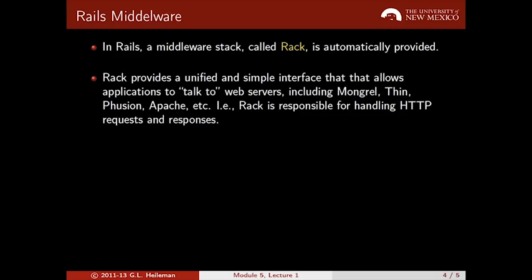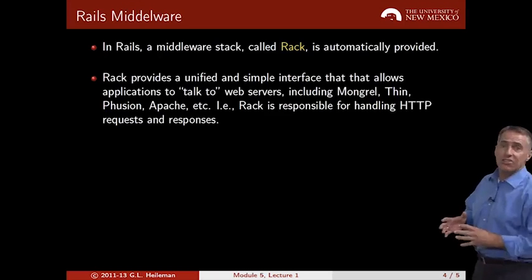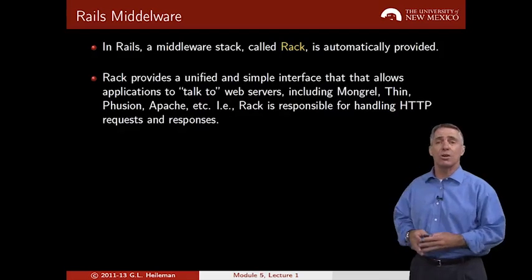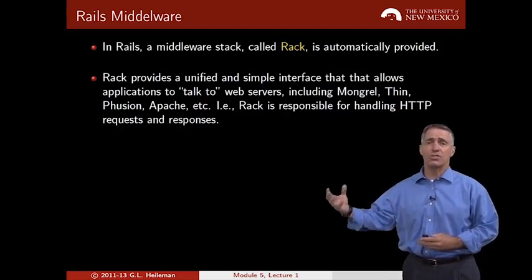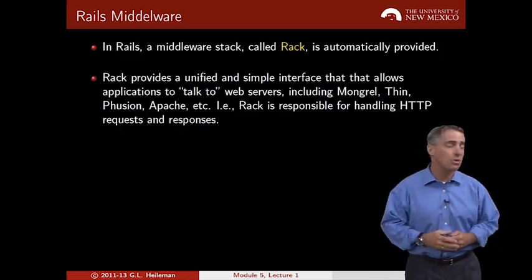Now, what Rack does is it provides a very unified and simple interface that allows applications to talk to web servers and then to process those requests and provide a response. And so really, it's ultimately responsible for handling the HTTP requests and response. So everything that happens after your browser makes a request, what happens on the server side and the response, is all implemented over middleware.